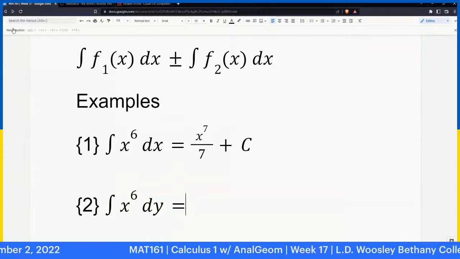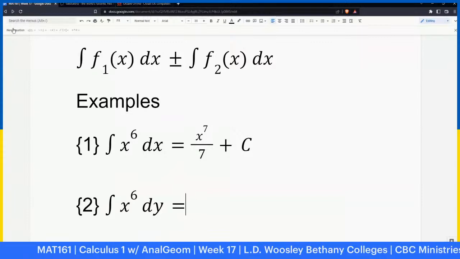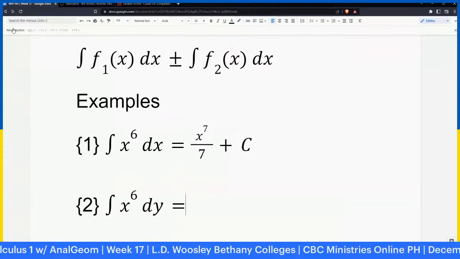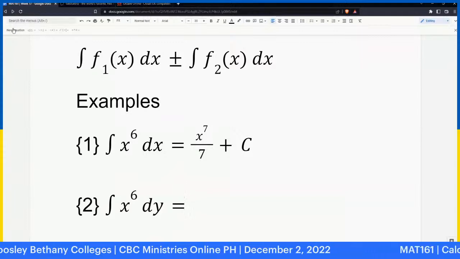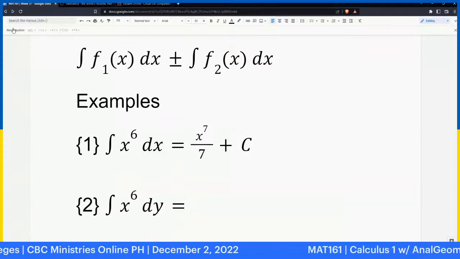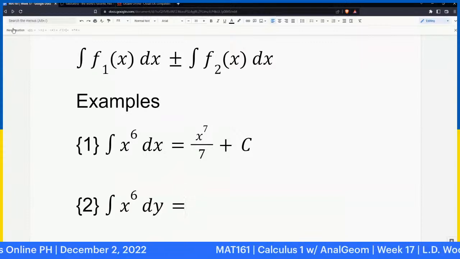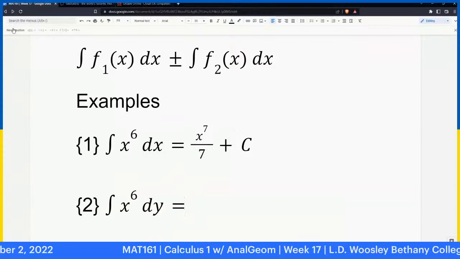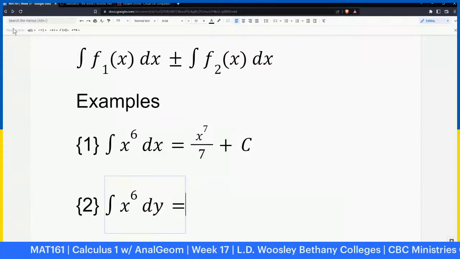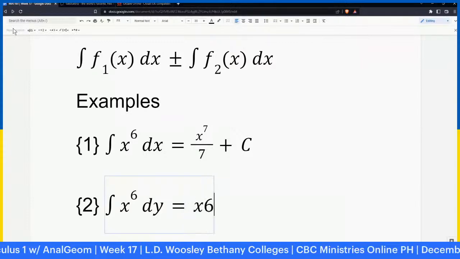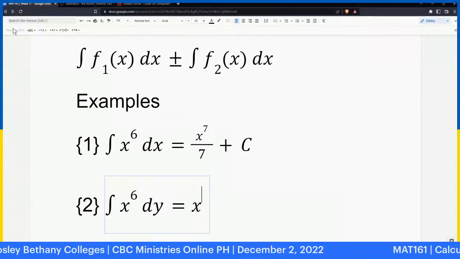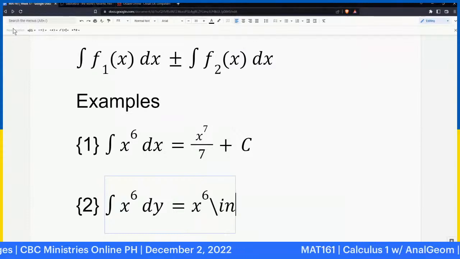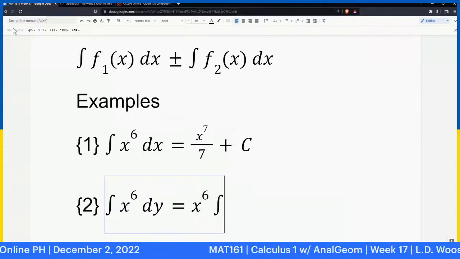Example 1 may not be applied to example 2, because if the differentiable variable in the integral is y, therefore all other variables are held constant. It is a constant. So if it is a constant, you can take it out of the integration, independent of it. So what remains inside is just the variable, dy.